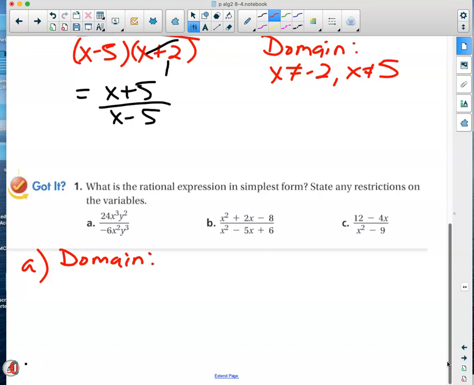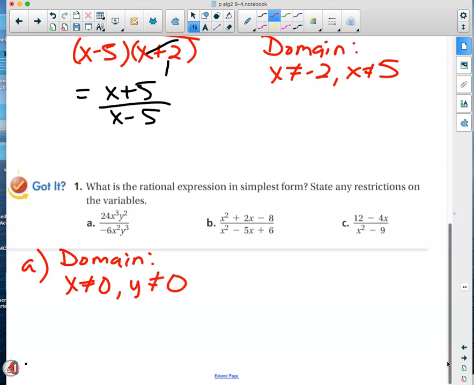What would be a bad number for x? Yeah, because then you'd have a 0 in the denominator, so x can't be 0. What would be a bad number for y? 0, because you have a 0 in the denominator.